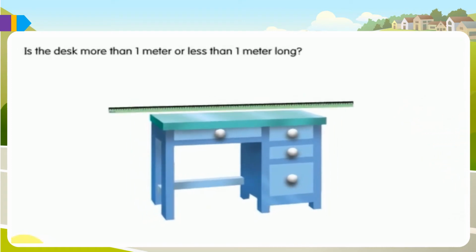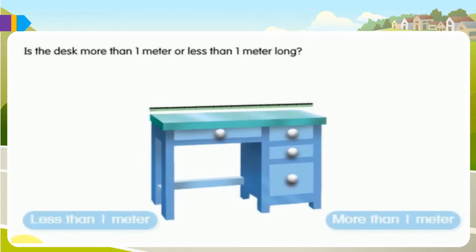Is the desk more than 1 meter or less than 1 meter long? So the desk is more than 1 meter or less than 1 meter. We can see that the measuring stick is bigger than the desk. It's bigger than the desk, so it is less than 1 meter. So what is the correct answer?